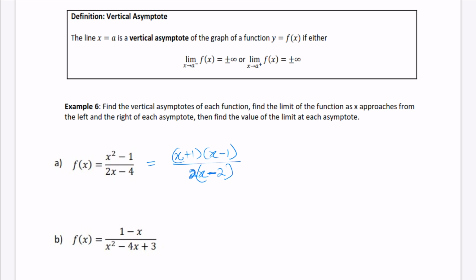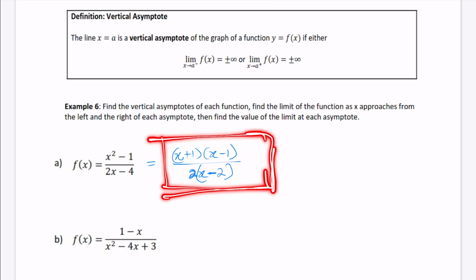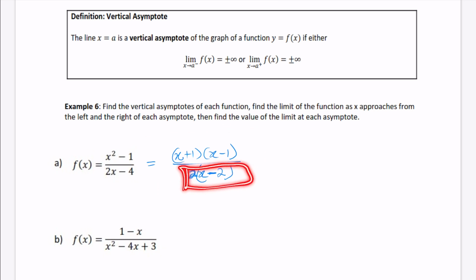If you look at this expression, always find the value of x that will make your denominator 0. The value of x that makes the denominator 0 is our vertical asymptote. Clearly, the only value of x that will make the denominator 0 is x equals 2. So when x equals 2, the denominator will be 0, meaning this function will be undefined. And at that point, we have a vertical asymptote.